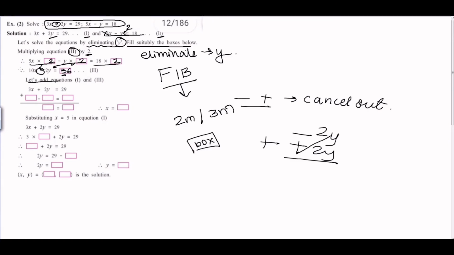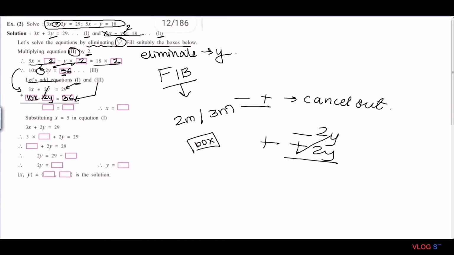So let us see this. Here is equation 1, first one, and equation 3 which we just got: 10x minus 2y equals 36. Remember this, plus and minus will get cancelled out. Now we have to add this, the y variable will get cancelled.